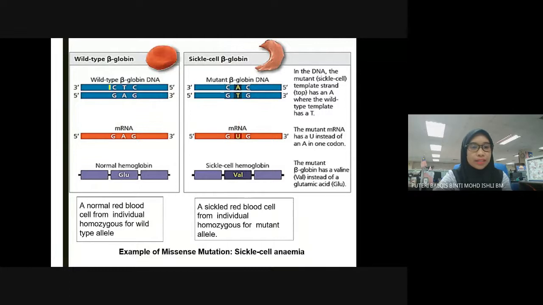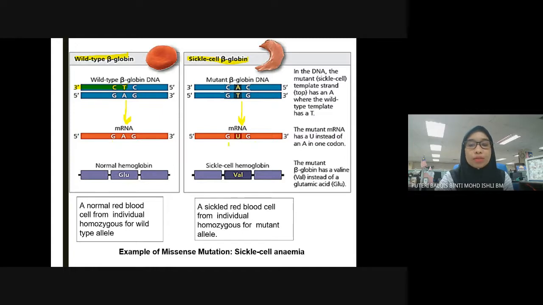Okay, so for example, this is wild type beta globin. This is sickle cell beta globin. So what happened is, the T here, the T in CTC, the base thymine is replaced with adenine. So it becomes CAC. So when it is transcribed, it will transcribe into GUG. Supposedly for transcription, it should transcribe into GAG.